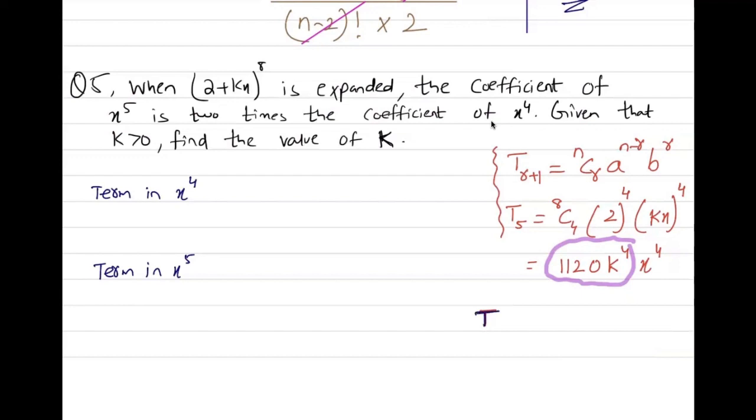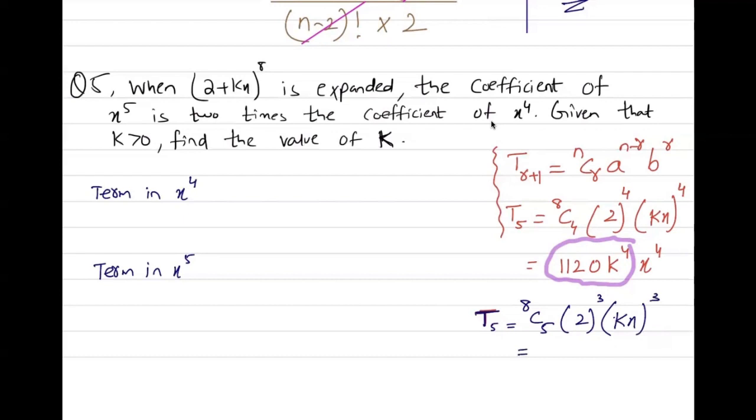Please do the working with me again. So for x to the power of 5, it's going to be T6, so the r value is one less. 8C5, first term to the power of 8 minus 5, that is 3. And second term, that is kx to the power of 5.